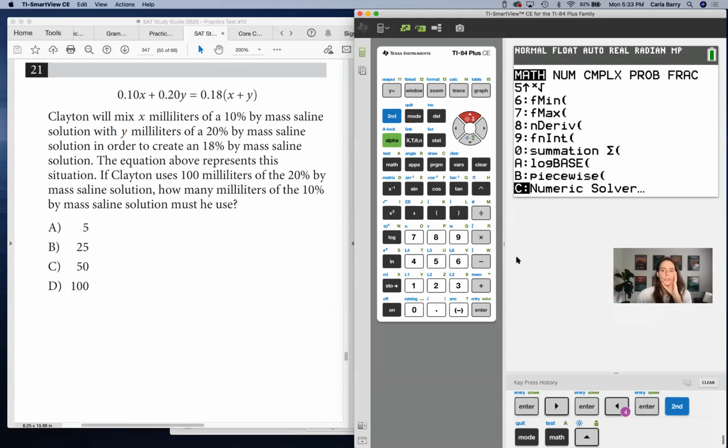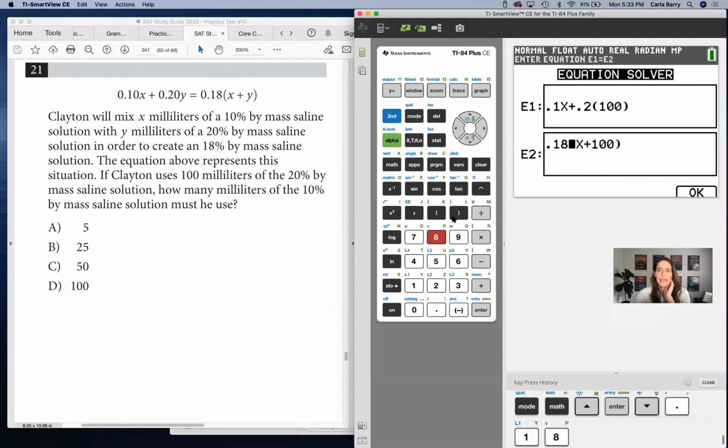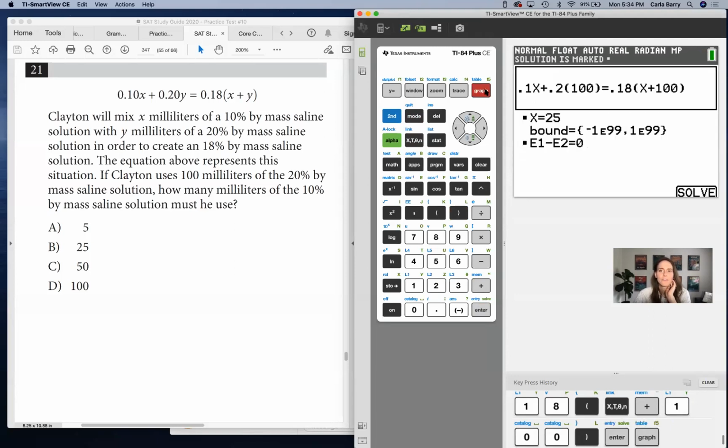So we're going to go to Numeric Solver, and then I'm just going to put in the left-hand side of the equation in the first box, which I have here: 0.1x plus 0.2 times 100, because remember, we're plugging in the 100 for Y. And then in the second box, I have 0.18 times x plus 100, because again, we're plugging in the 100 for Y. Then you would press enter for OK and graph to solve it.